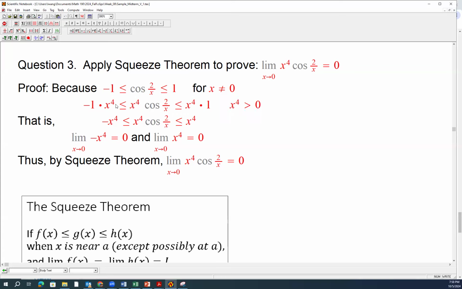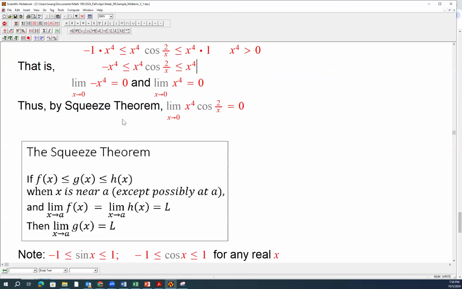Why is this necessary? Because when we multiply the same quantity on an inequality, if the number is positive, the inequality sign stays the same. Otherwise, if we multiply by a negative number, we will have to switch directions.